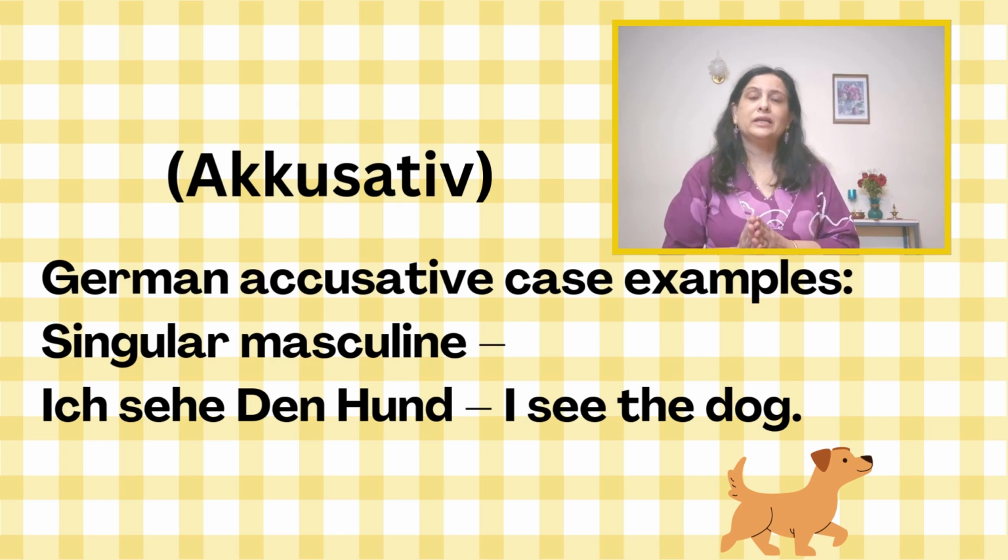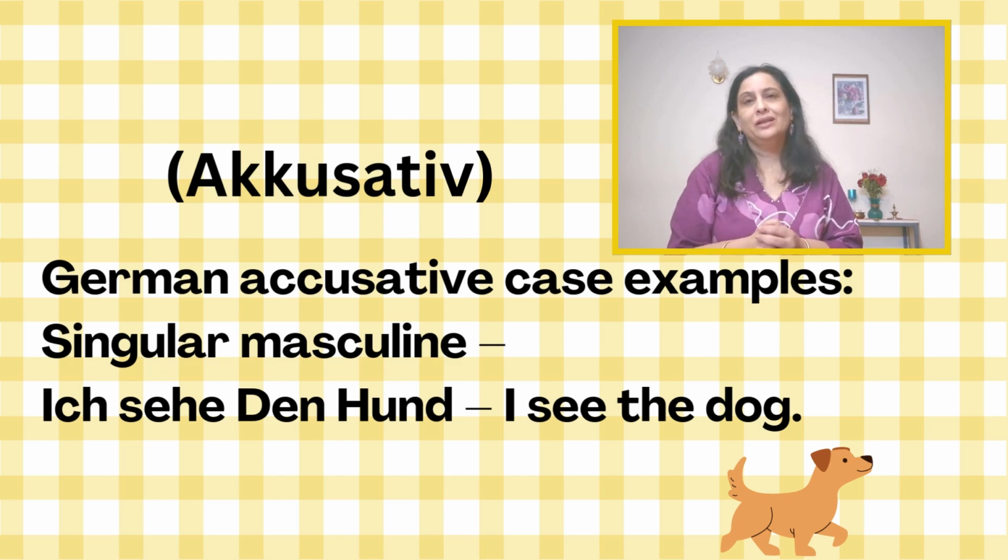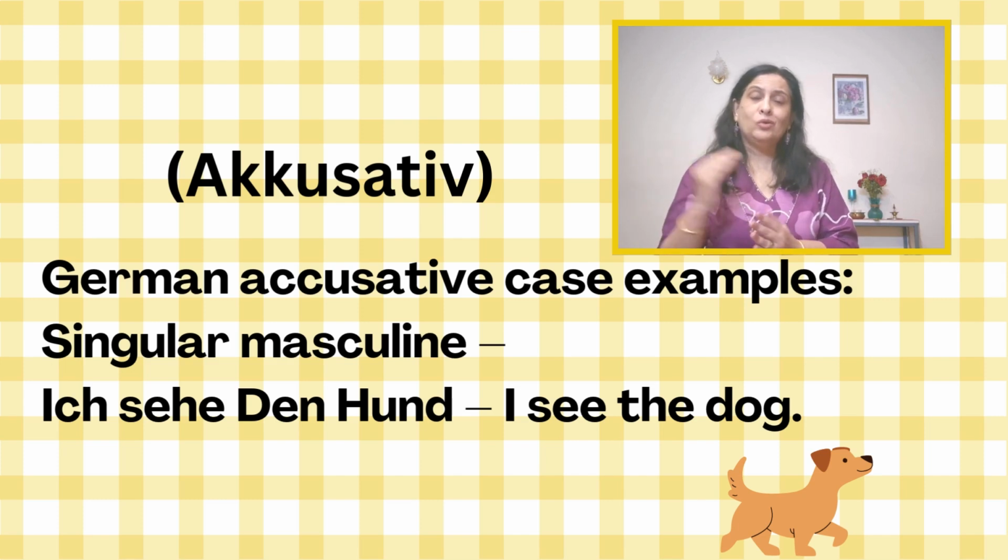First we'll see the singular masculine form. One example is the sentence, Ich sehe den Hund, meaning I see the dog. Hund means dog. If you see here, there is den, D-E-N, den, for Hund.